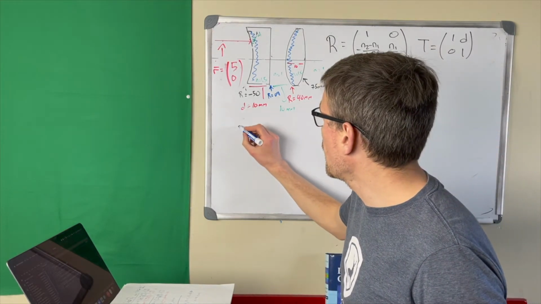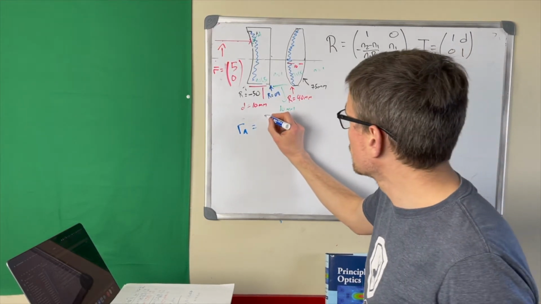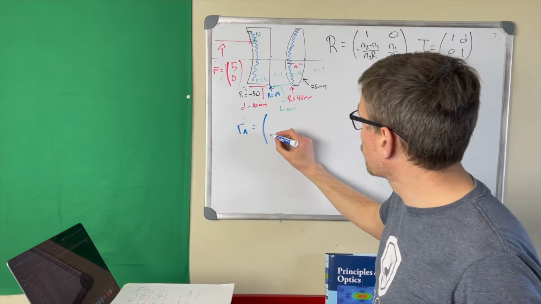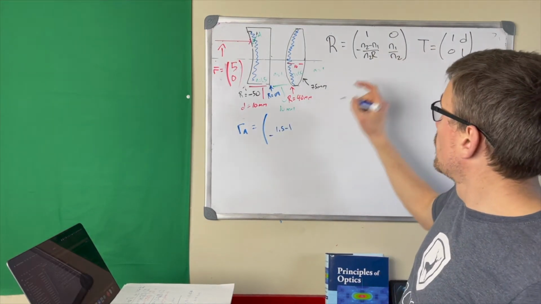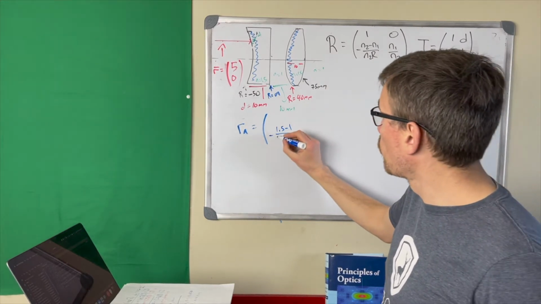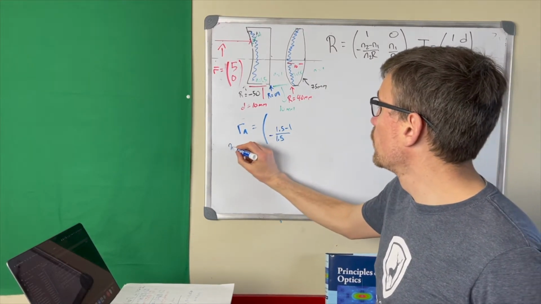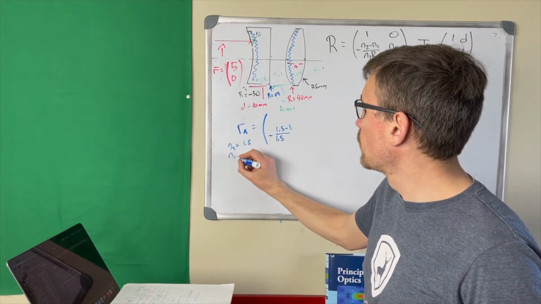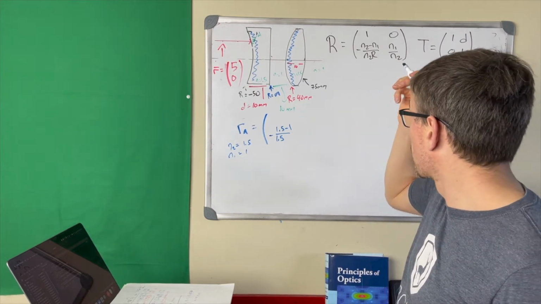Let's say R_A is just equal to this matrix, and let's plug in what that is. It's 1.5 minus 1, divided by 1.5, that's n2, because n2 is equal to 1.5 here, and n1 is equal to 1 here, times, what have we left out?